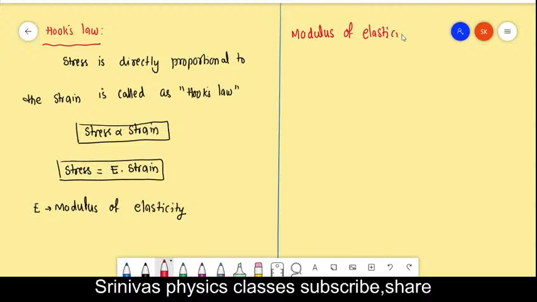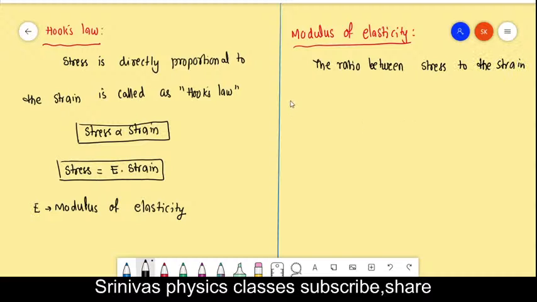Okay, right. Modulus of elasticity is the ratio between stress and strain.